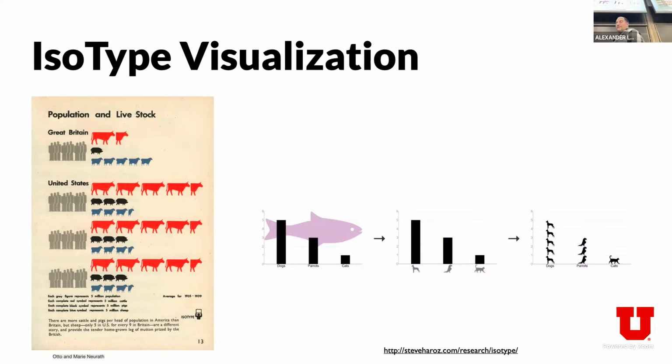And the outcome is that it doesn't really matter all that much. So you can use just regular bar charts, and you can use these isotypes. It's basically, people understand both similarly well. So you have a little bit of freedom. If you want to do something evocative, you can do any of these isotype choices here. Of course, it's much easier to just plot a bar than to plot these icons.